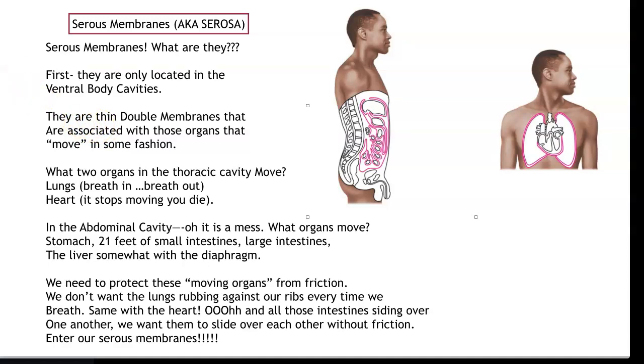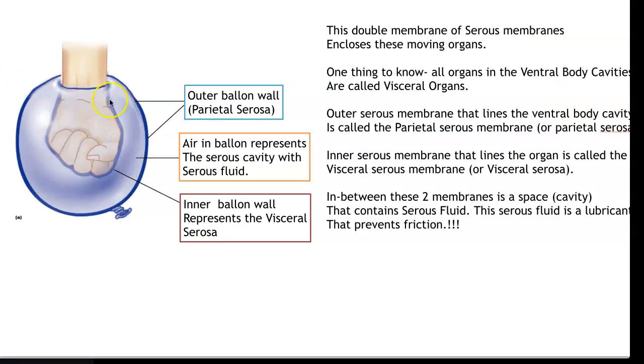So let's look at what they look like. This is a good example. If you have a balloon filled with air and you stick your fist through it, just imagine this is an organ in one of your ventral body cavities. This will represent this double membrane, this serosa.